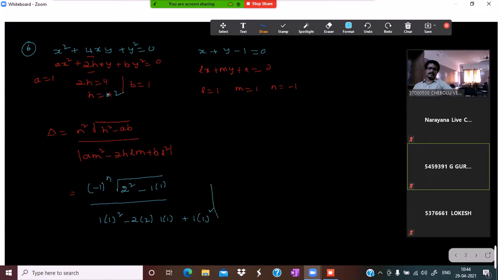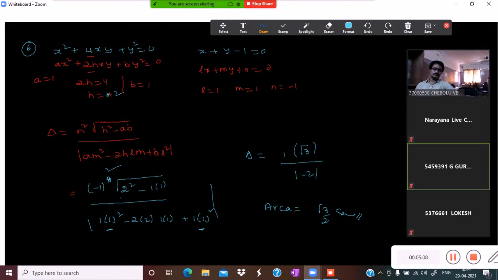So finally delta is equal to minus 1 whole square into root of 4 minus 1, root 3, by 1 plus 1, 2, 2 minus 4, modulus of minus 2. So finally area is equal to root 3 by 2 square units.